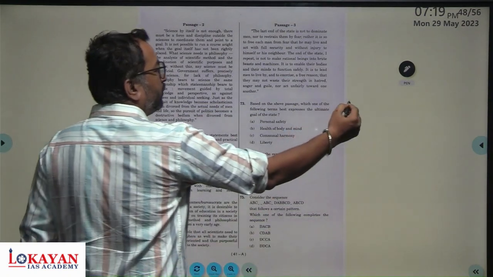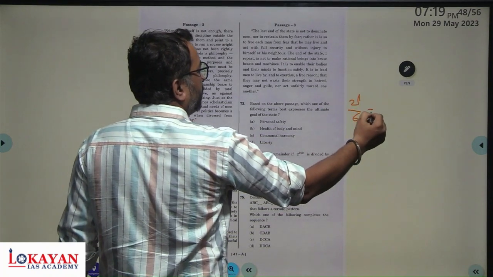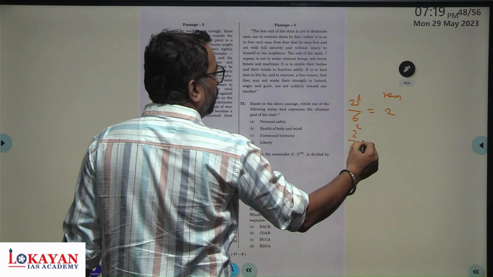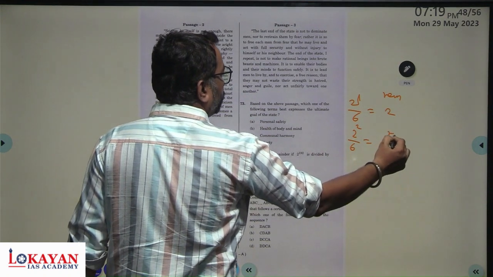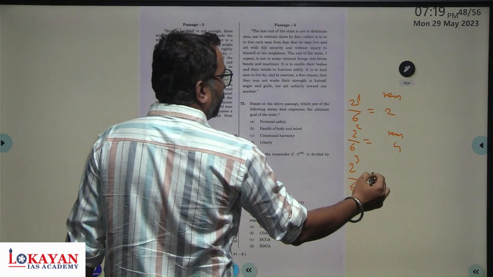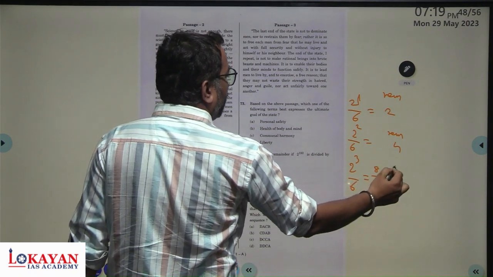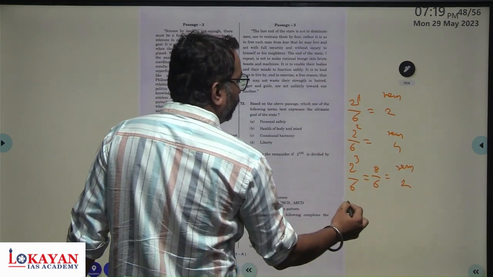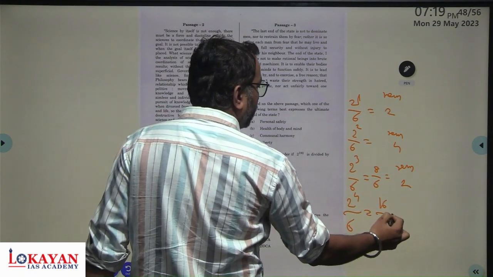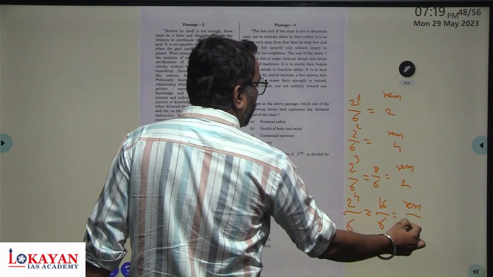2 to the power 1 divided by 6, the remainder is 2. 2 to the power 2, the remainder is 4. 2 cube is 8 divided by 6, the remainder is 2. 2 to the power 4 is 16 divided by 6, the remainder is 4.